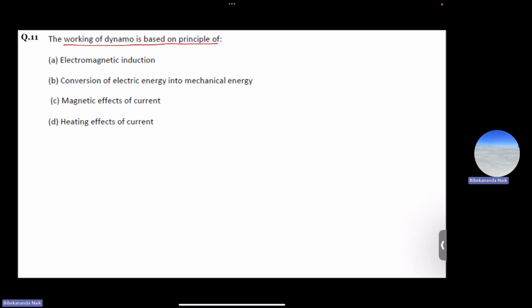If we discuss the operation of a dynamo, it is a device which converts mechanical energy into electrical energy. A dynamo has a coil, and the coil is rotated in a magnetic field due to mechanical force.